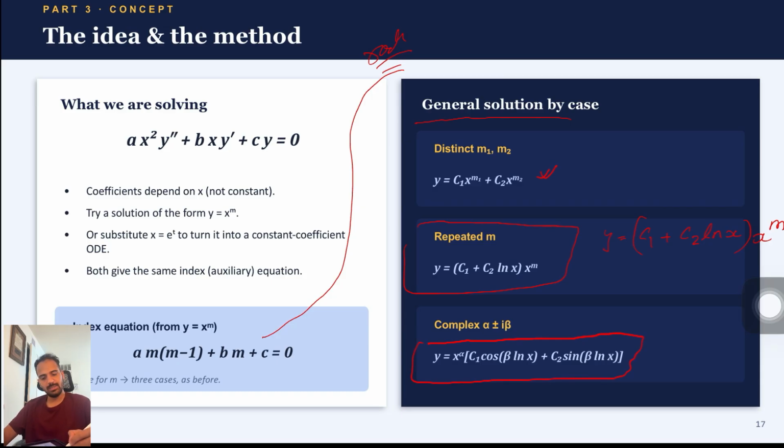This equation means y equals x^alpha times [c1 cos(beta ln x) plus c2 sin(beta ln x)].